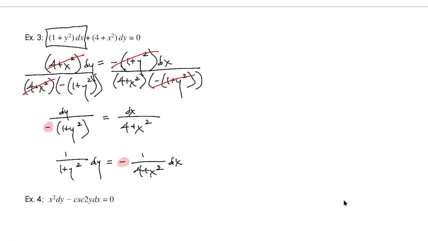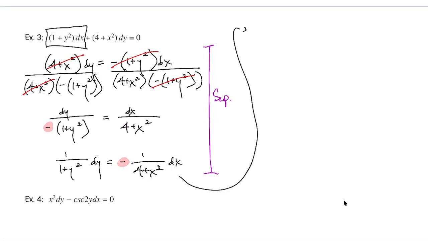Now, we've separated. So all of this is our separation. And now what we need to do is integrate. So we integrate 1 over 1 plus y squared dy, and we also have to integrate the other side.